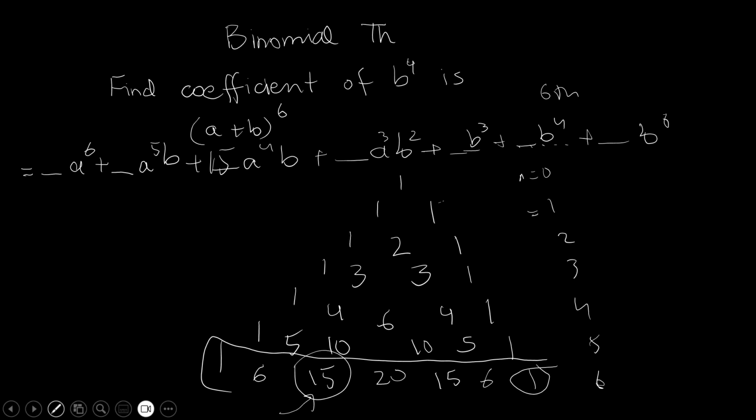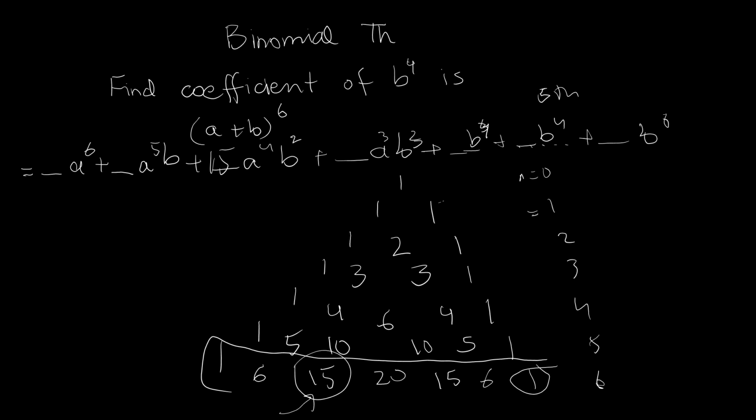We can also calculate it this way, because the exponent of b is 0 at the start. So 0, 1, 2, 3, 4. It should be the fifth term then. So if it was a to the power of 4, it would be the third term, because a starts from the 6th power.